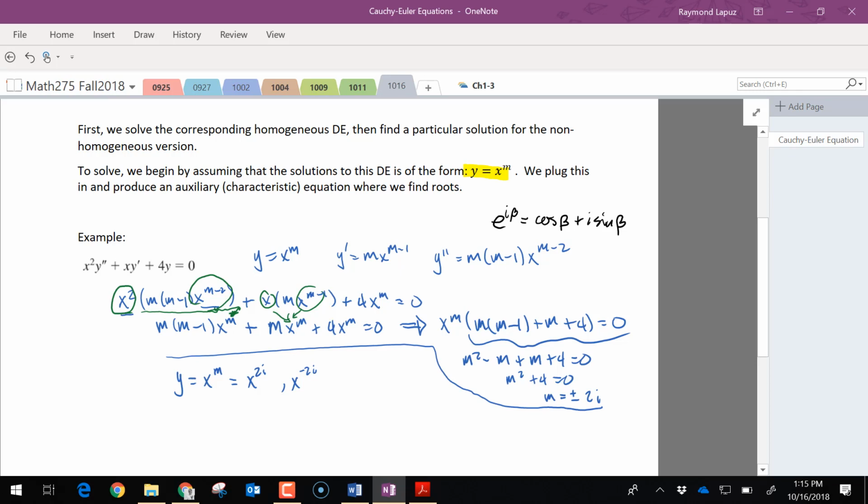So, but we don't have an e, we have an x to the power. Can we force an e in there? Right, everything to the e? Well, if we can, that would be cool.